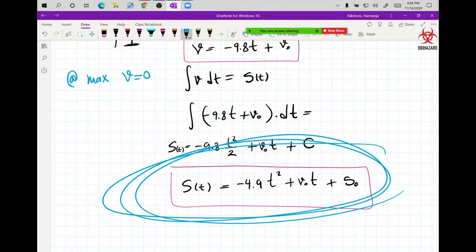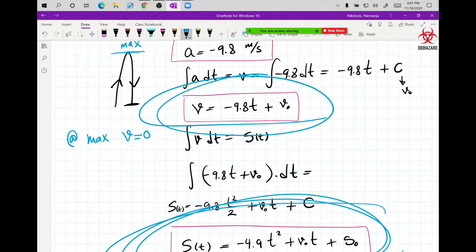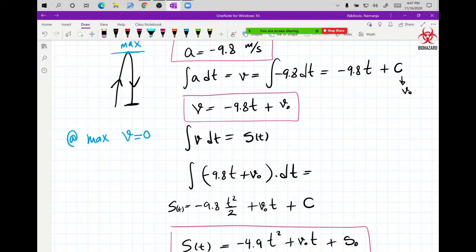So if I just take its derivative and set it equal to 0, oh wait, the derivative of position is velocity. Okay, so set velocity equal to 0. Oh yeah. When I throw something up, when it reaches the maximum height, it stops. Velocity is 0. So it's not even set derivative to 0 or set velocity to 0.